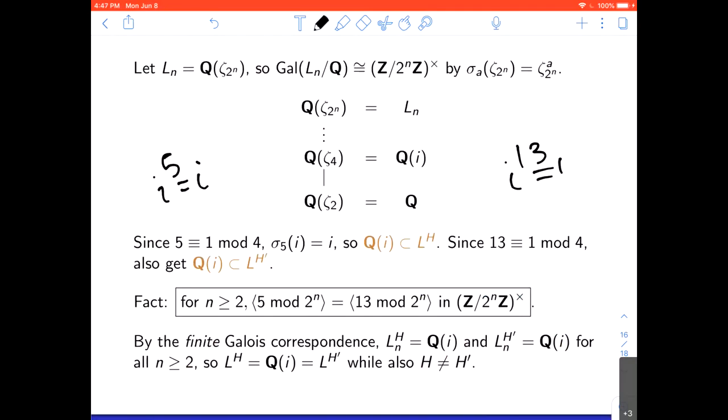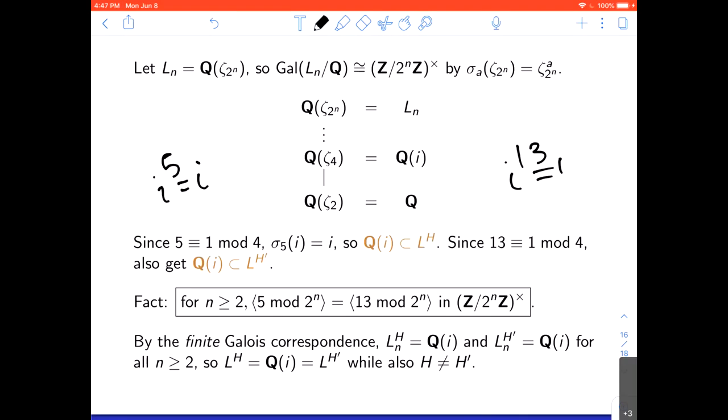And it turns out, that's what I have in the box, that modulo powers of 2, 4, 8, 16, 32, they generate the same subgroup, modulo every power of 2, if you take their powers.